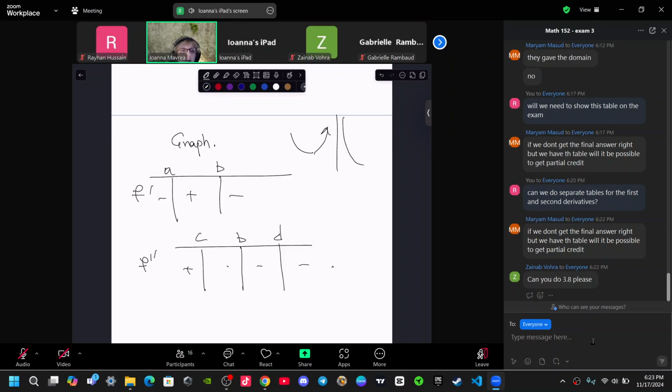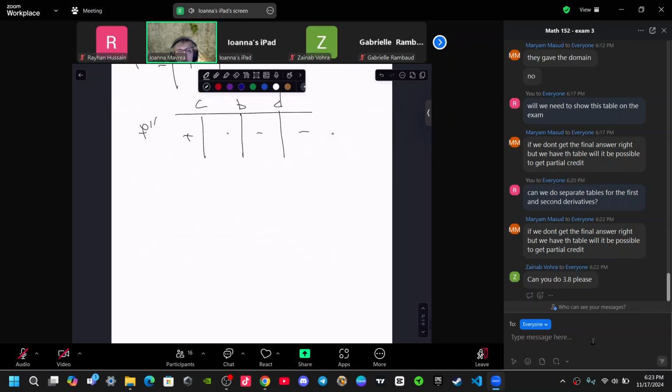Okay. 3/8. What's 3/8? So you have this function. This function looks like this.